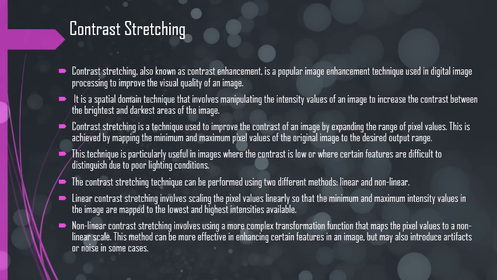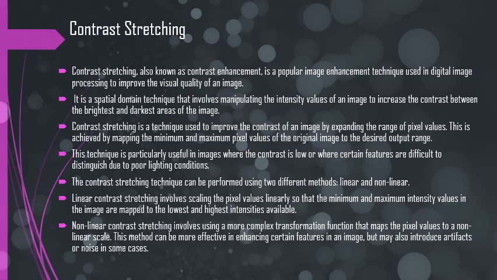This technique is particularly useful in images where the contrast is low or where certain features are difficult to distinguish due to poor lighting conditions. The contrast stretching technique can be performed using two different methods. One is linear and the other is non-linear. Linear contrast stretching involves scaling the pixel values linearly so that the minimum and the maximum intensity values in the image are mapped to the lowest and highest intensities available.